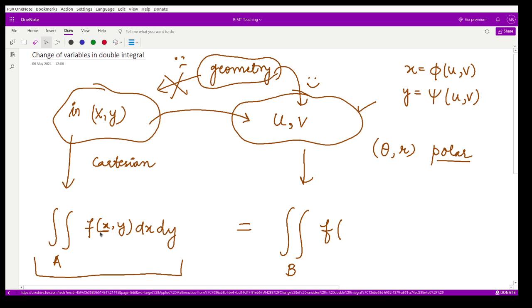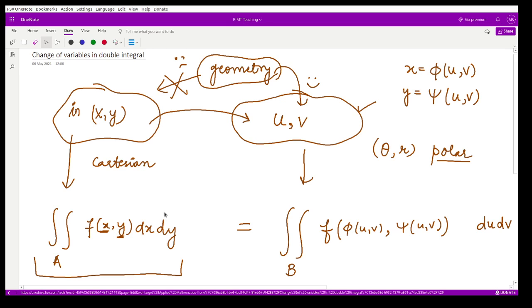So instead of this x, I can write phi of u comma v, and instead of this y, I can write psi of u comma v. And here, du and dv.